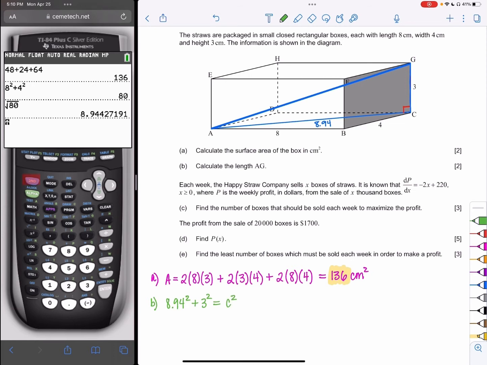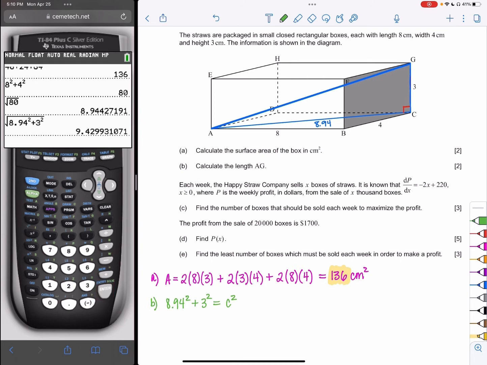And we already know that we are going to take the square root of it, so that's going to be the square root of 8.94 squared plus 3 squared. And we will end up getting 9.43 as the length from A to G.